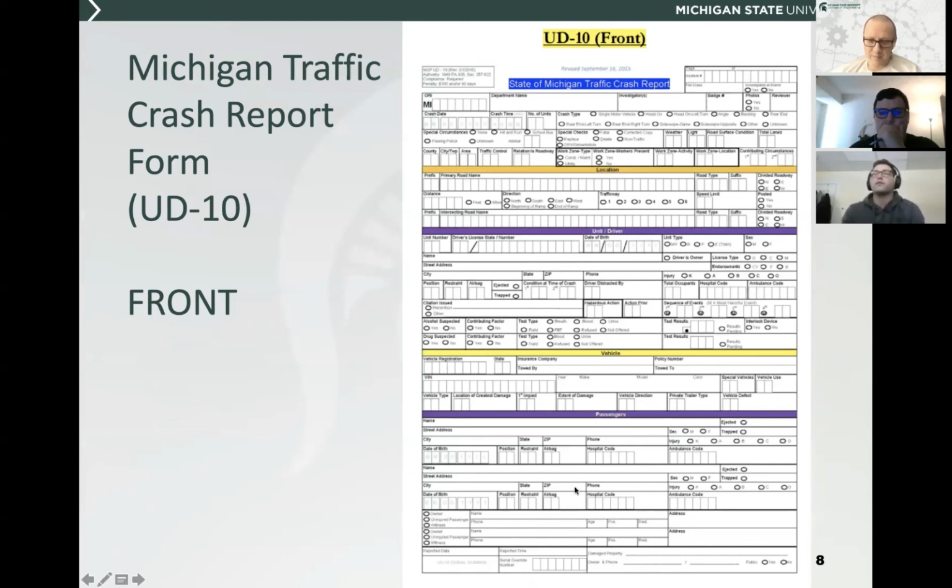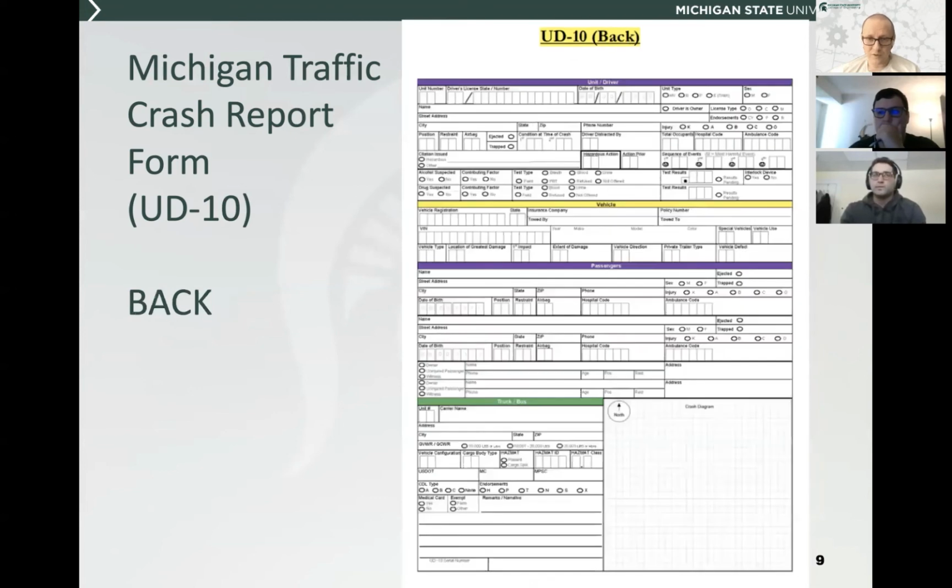And then lastly, any passengers in the vehicle as well, and there'll be subsequent follow-up sheets there as well. So the back side of the form is just if you have additional vehicles, additional drivers, and so forth. There's a bottom section that collects more detailed information with respect to truck and bus drivers.